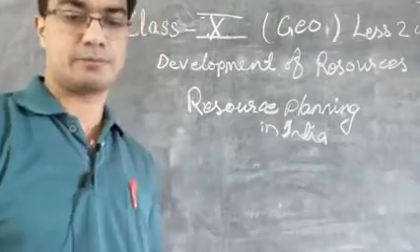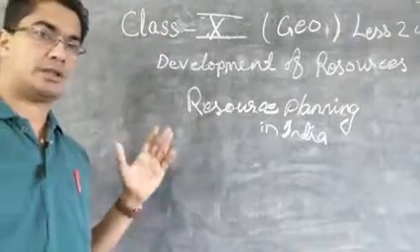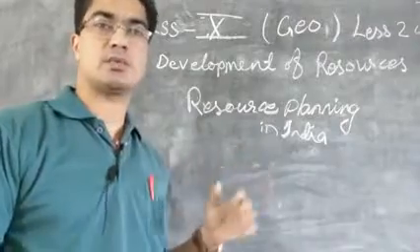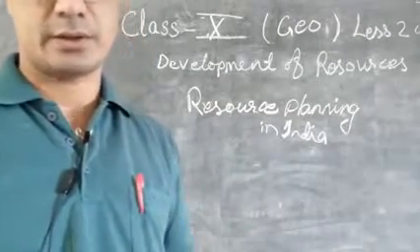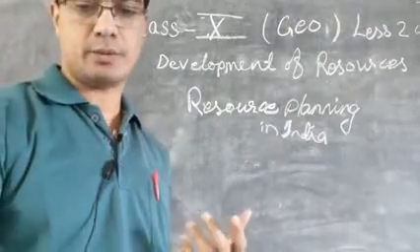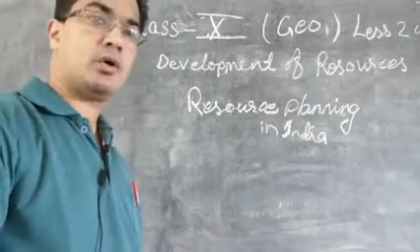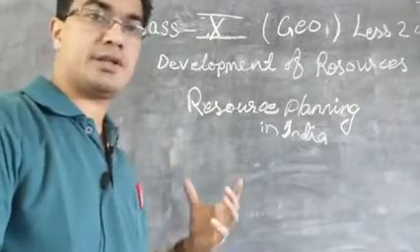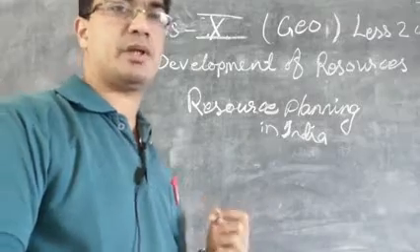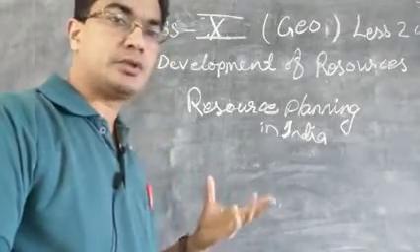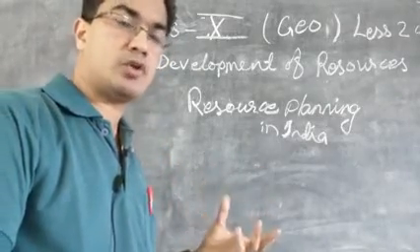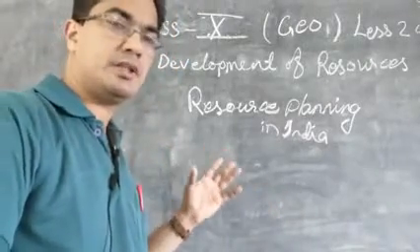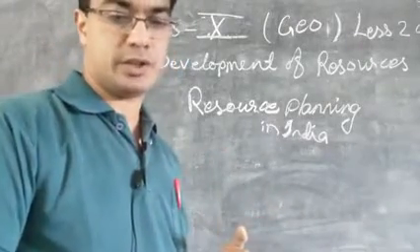For example, in Jharkhand, Chhattisgarh, Madhya Pradesh, these states, this region is very rich in minerals. They have a lot of gold deposits and iron ore minerals. So those states can be rich by extracting these minerals and using them for making so many things. And so these states or the people in these states can become very rich.